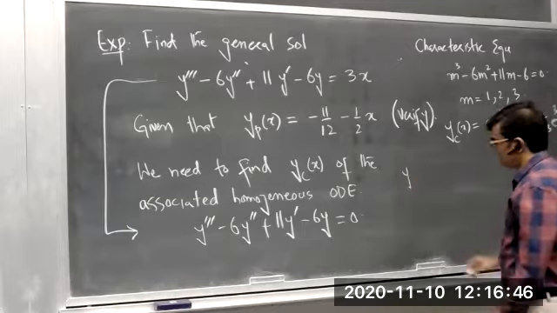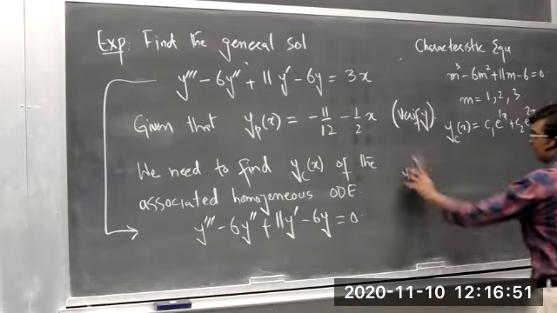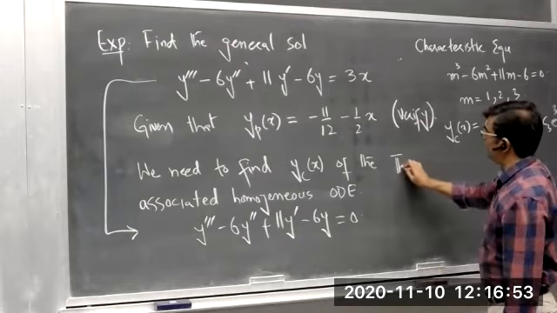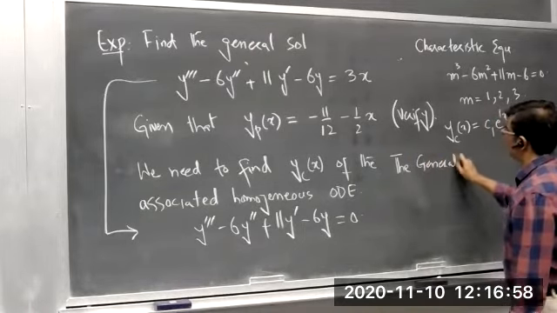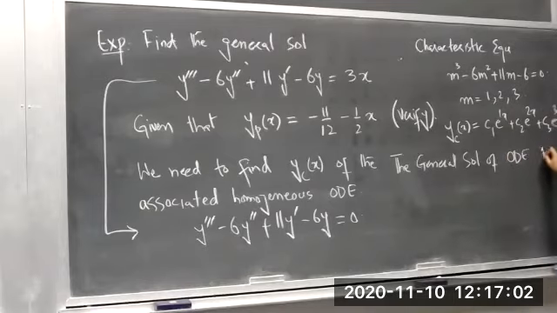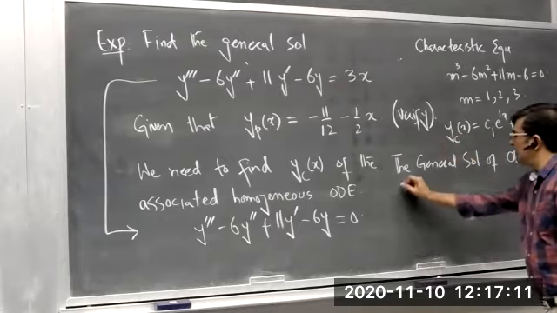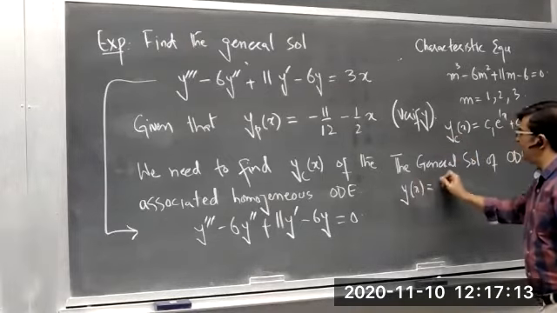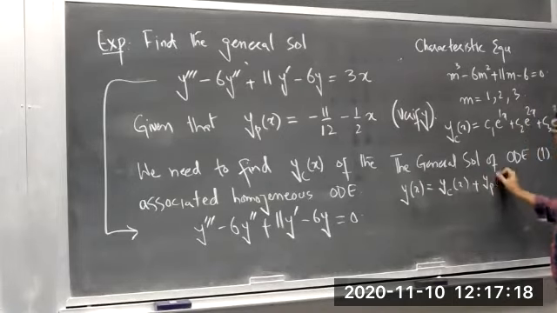Therefore, the general solution of the ODE, which is a non-homogeneous linear third order differential equation with constant coefficients, is y of x equals yc of x plus yp of x.